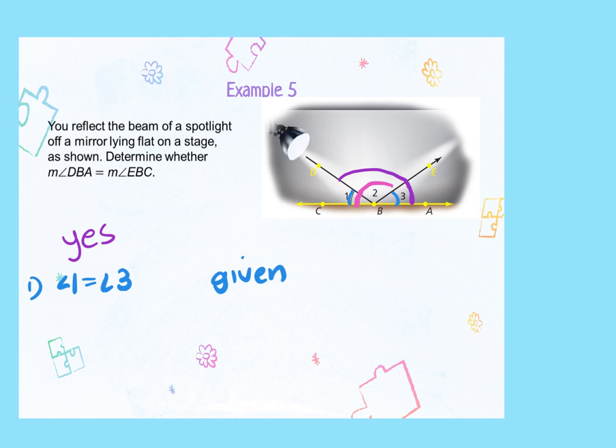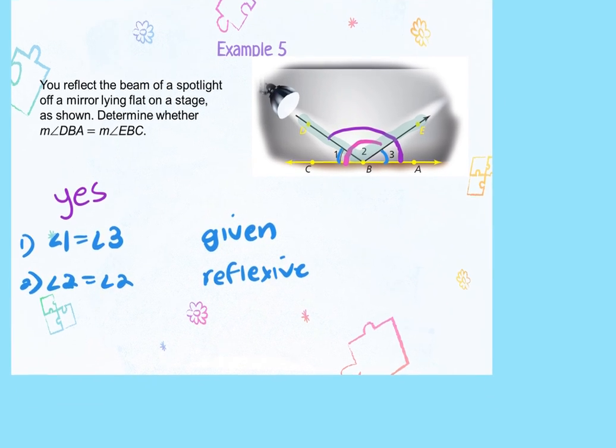Then I took the same angle, angle 2, so I could say angle 2 equals angle 2. The reason there is reflexive, because anything that equals itself is reflexive.